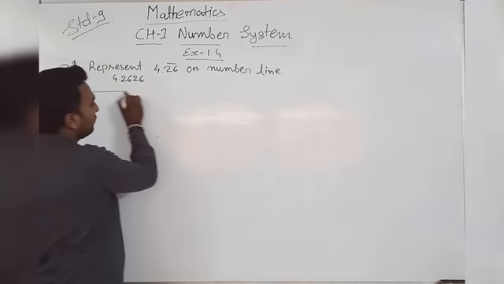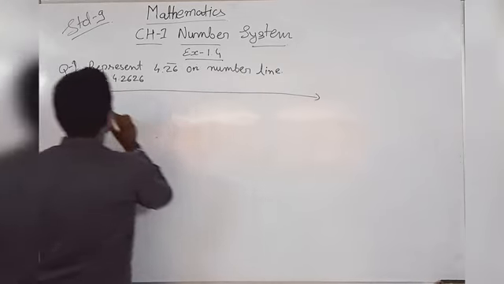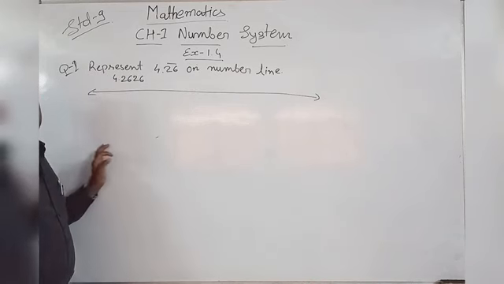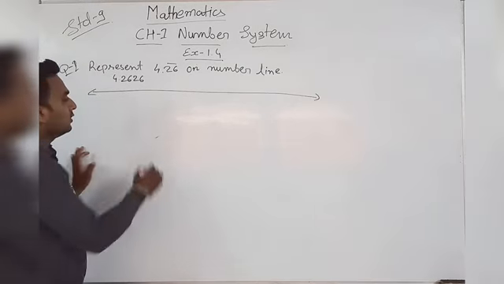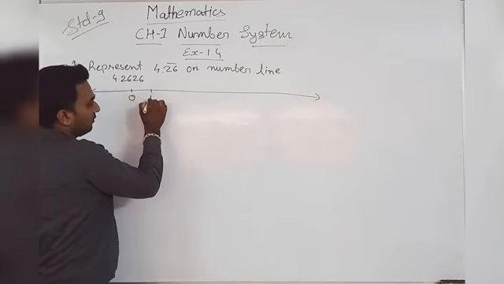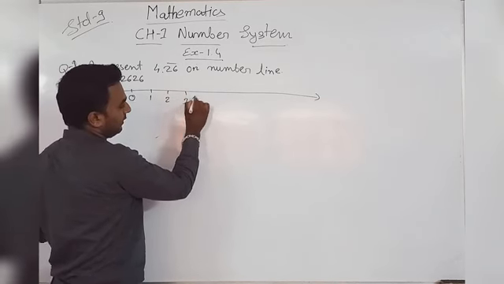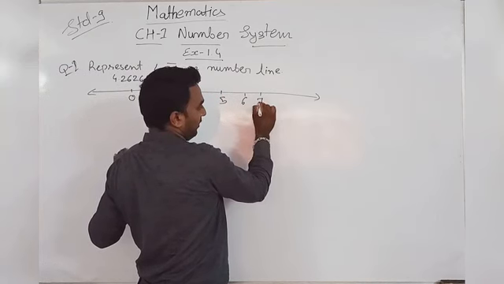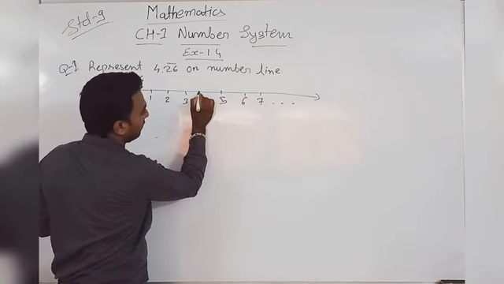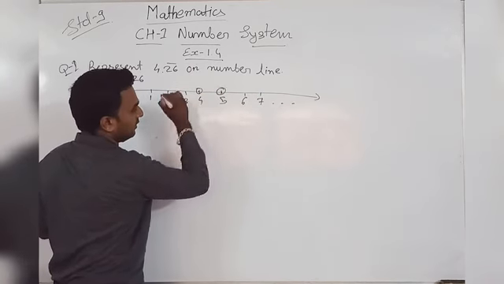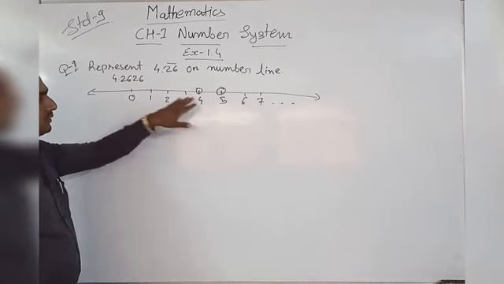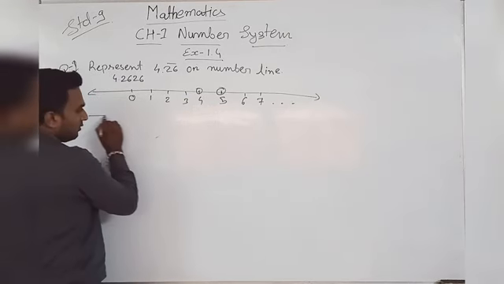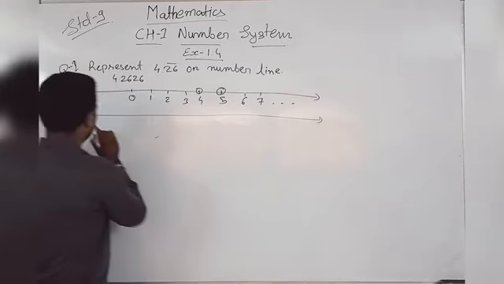Clear? Now first we know that 4.2626 is coming after 4, so 0, 1, 2, 3, 4, 5, 6, 7 and so on. So 4 is here, 5 is here. This number is between these. Now again zoom in on this number line.